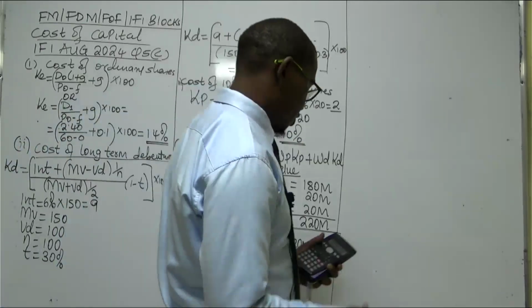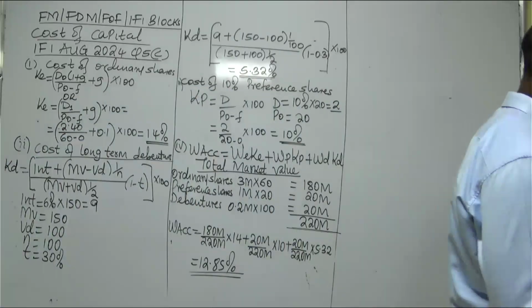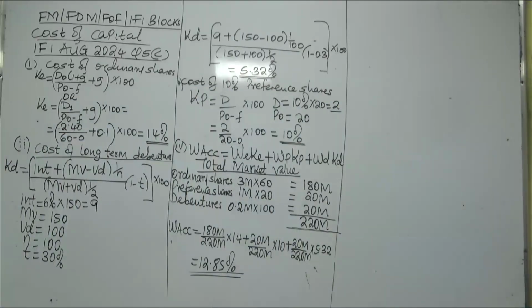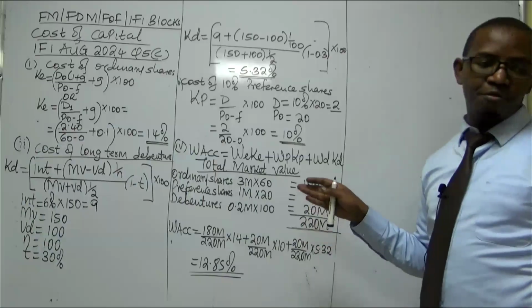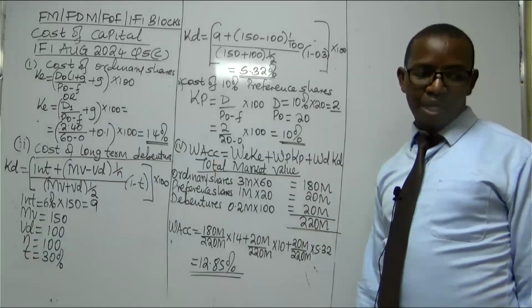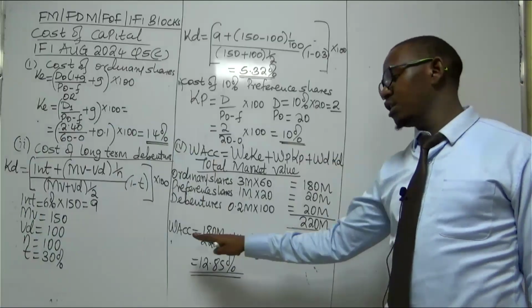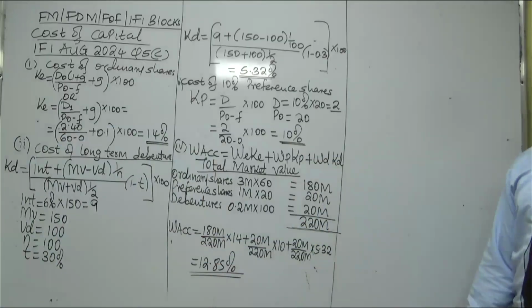That is 12.85%. Here, as I've said, we are looking for the WACC, which is the overall cost of existing funds of a company. And I said for WACC, we use it when evaluating existing projects.